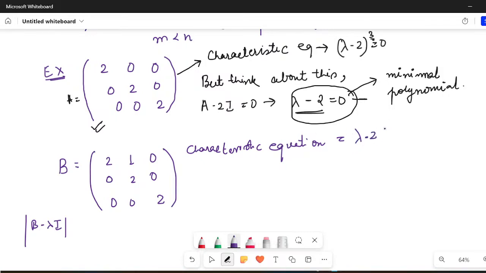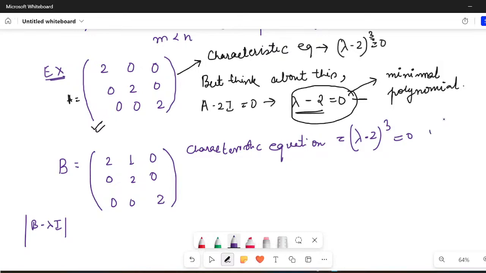If I write minus lambda on the diagonal and take the determinant, expanding through 0 obviously gives 0, so I expand only through 2. It will be (2 minus lambda)(2 minus lambda) whole square, so (lambda minus 2) whole cube equal to 0. You can also write (2 minus lambda) whole cube, but I'm taking a negative common out.